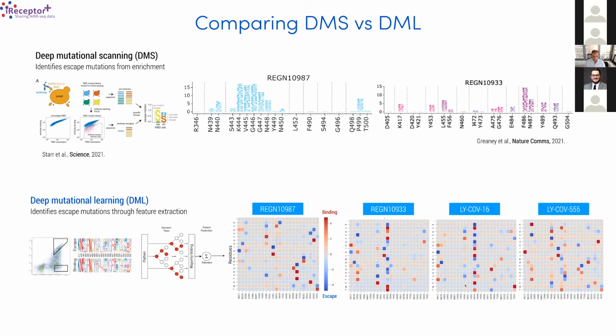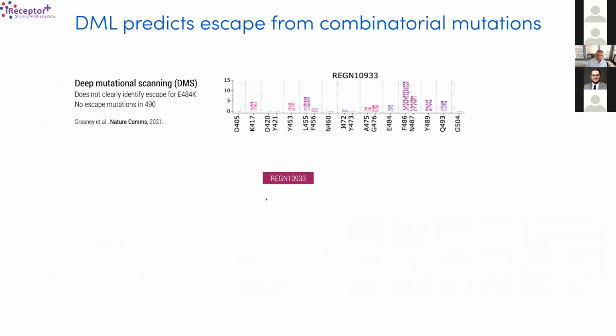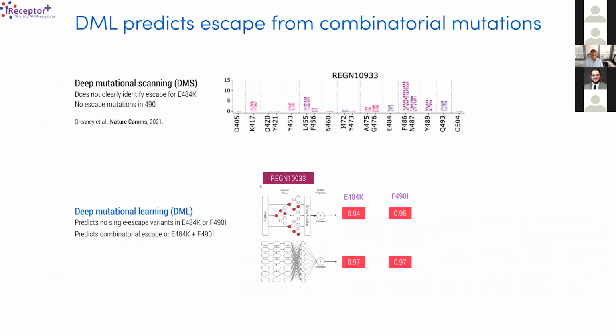So we can do most of the things that DMS does, even though we didn't use single mutation data to train it. But the other thing it can do is compare with combinatorial mutations. Remember that the escape map here from DMS doesn't actually come up with mutations in 490, and it doesn't really show you strongly the E484K.